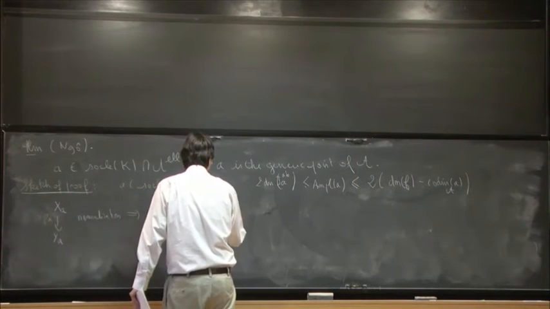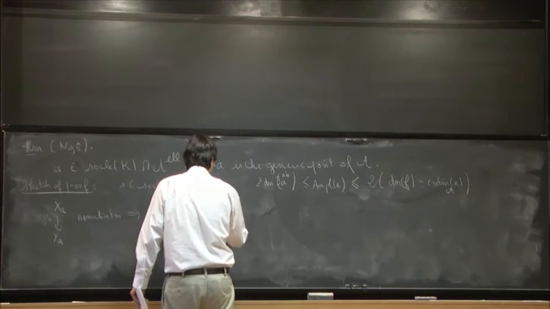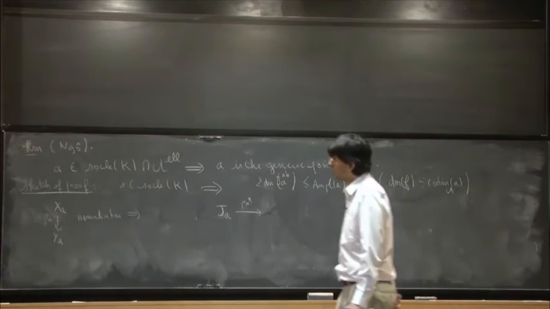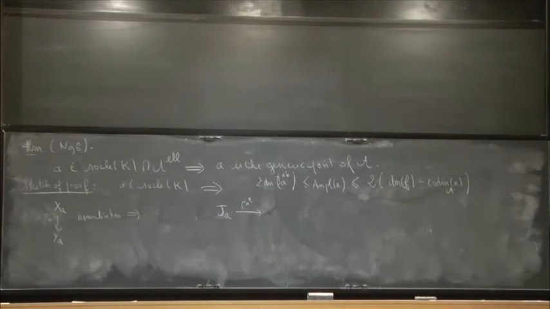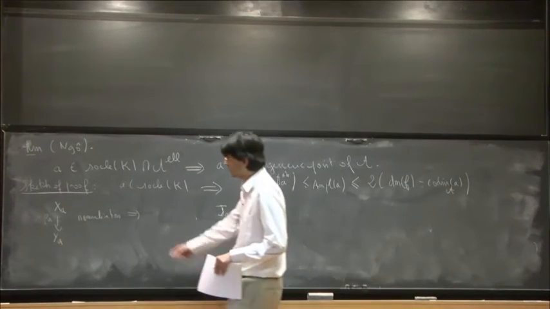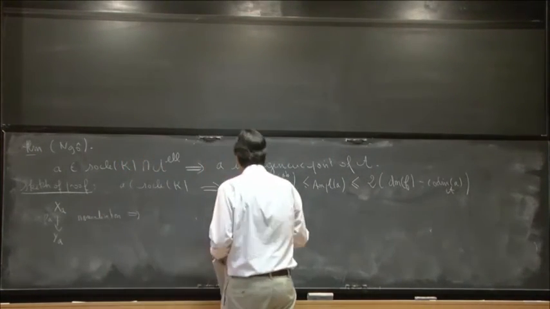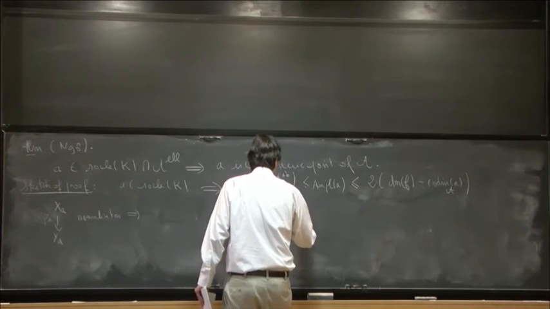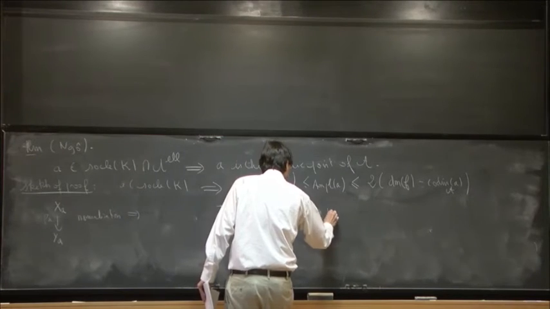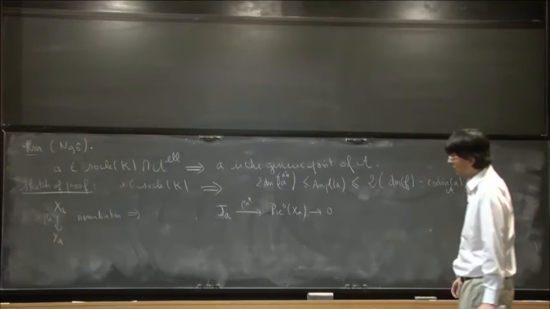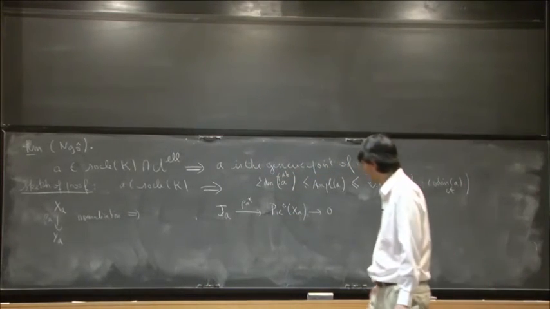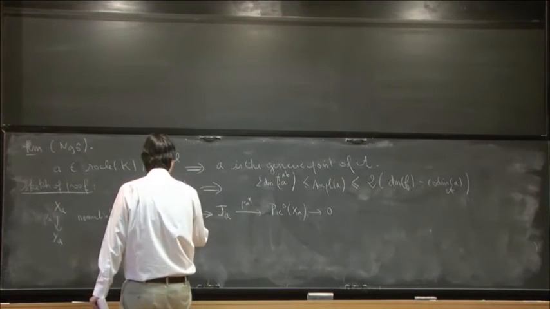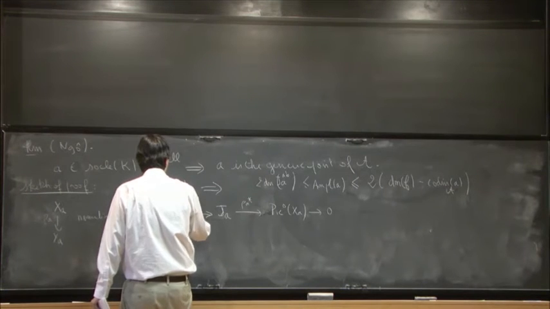So when you have a line bundle on Y_A, you can pull it back to X_A, and you get a line bundle of degree 0 over X_A. And this gives you a morphism, which is surjective and which has an affine kernel.